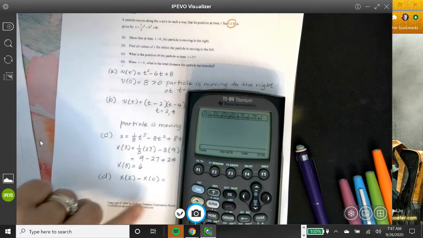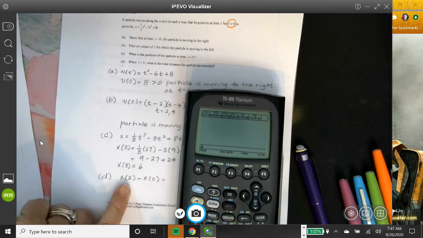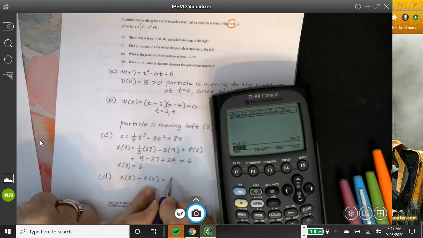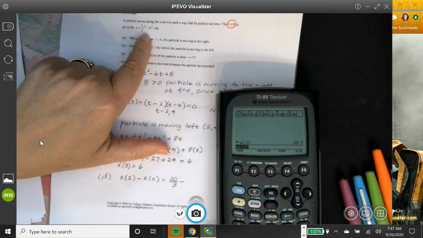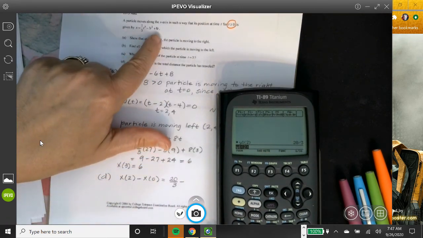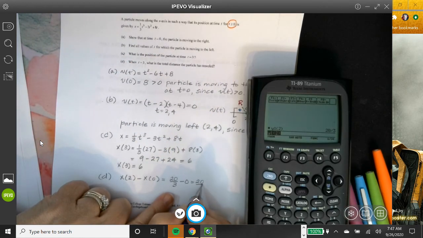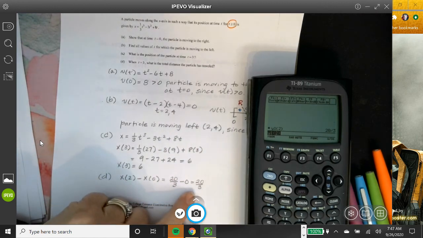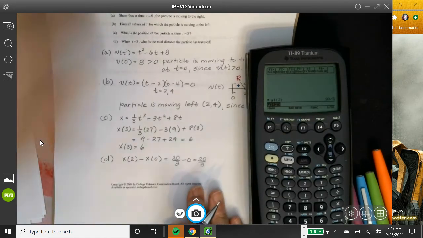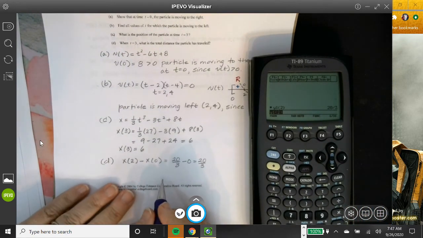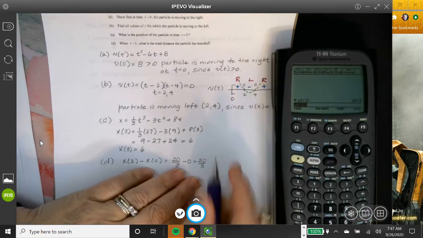I'm going to go home and say I want y1 of 2. And we get 20 over 3. Minus the position at 0, which is easy enough, because that's just 0 when I plug in 0. So I moved 20 over 3 right.